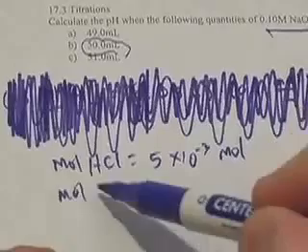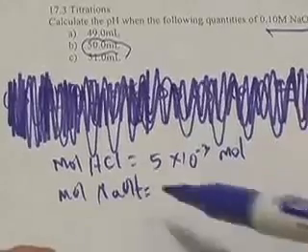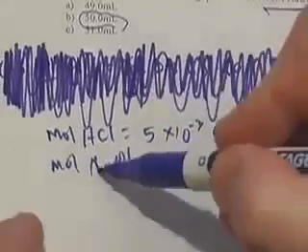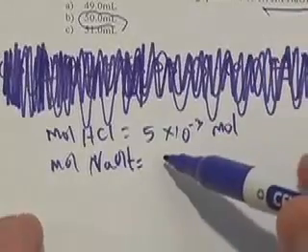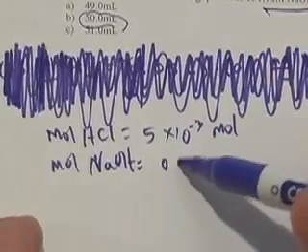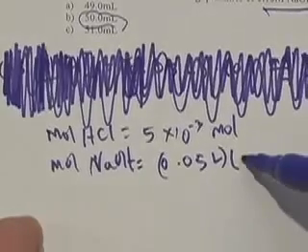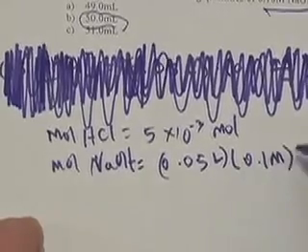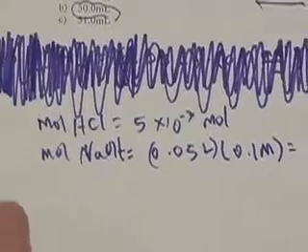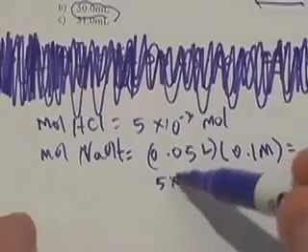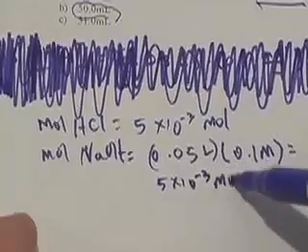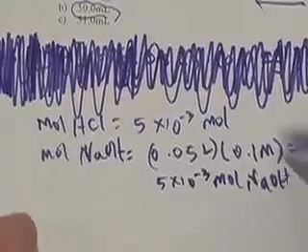And if we find the moles of NaOH, NaOH now will be the 0.05 liters times our concentration, which is 0.1 molar. Multiply those 2 critters together, and of course you end up with 5 times 10 to the negative third moles of NaOH.